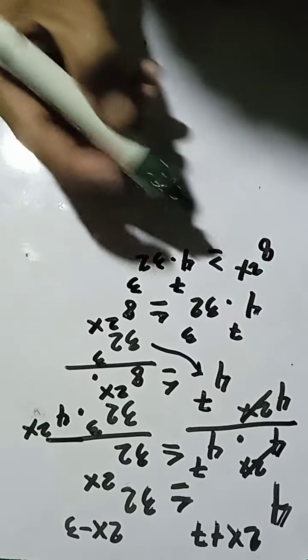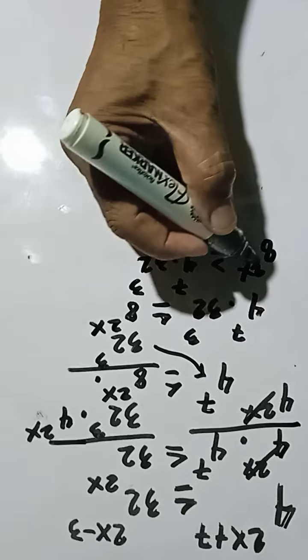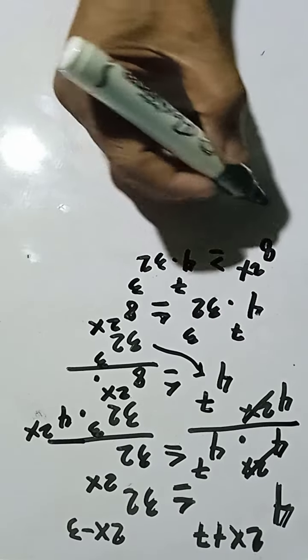Now we will divide the exponent by 2 so that we can cancel the 2.